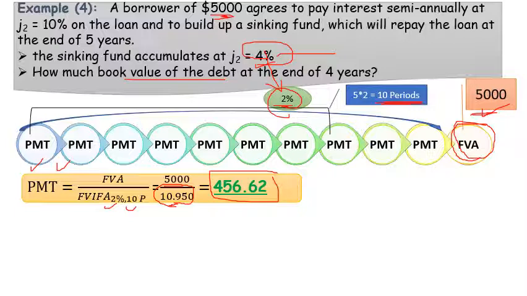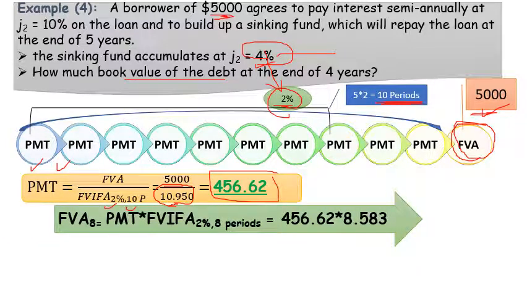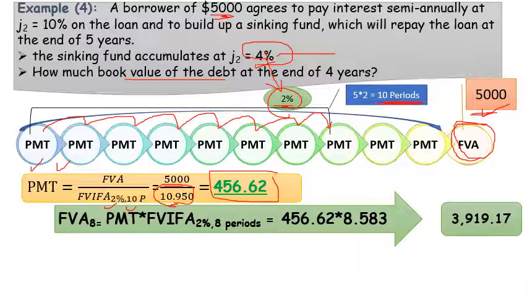So after 8 periods, we want to calculate the future value of all these deposits made by the borrower in the sinking fund, which accumulated at 2%. So we will multiply the 456 times the future value interest factor for annuity at 2% for 8 periods, because we want to calculate at the end of period 8.